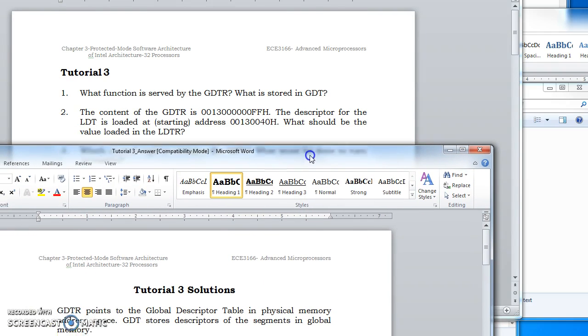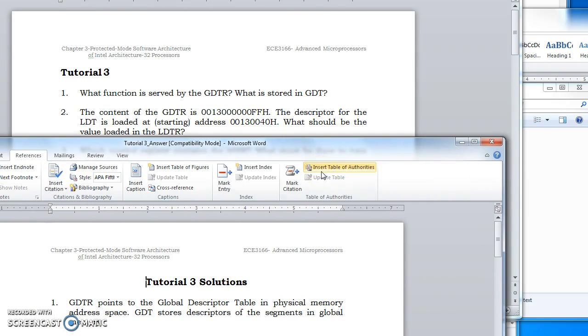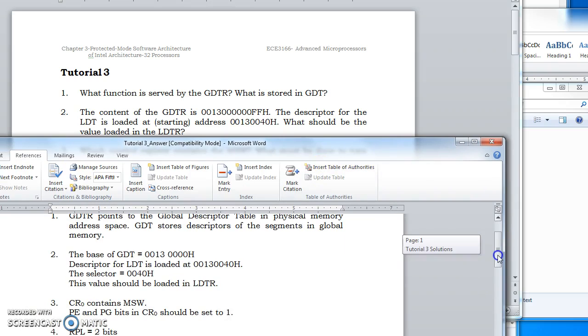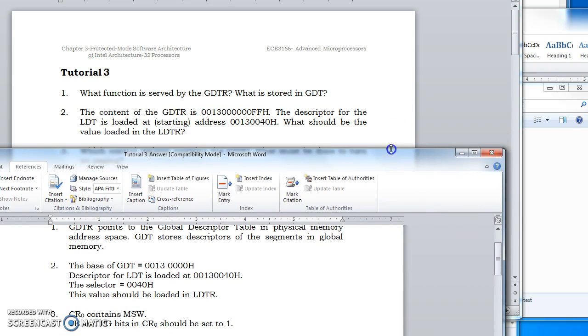So, from the question, given the base of the GDT, you can find it from the given GDTR.